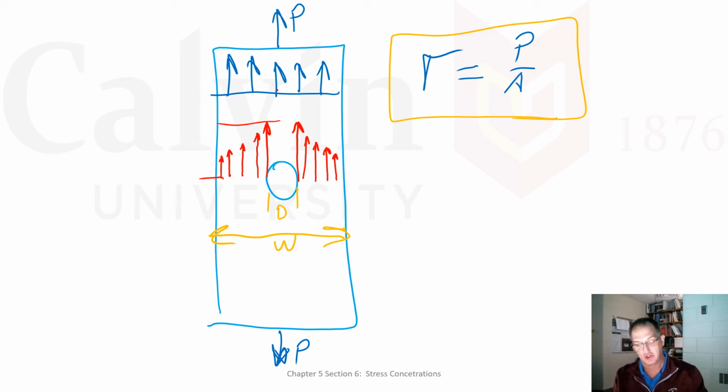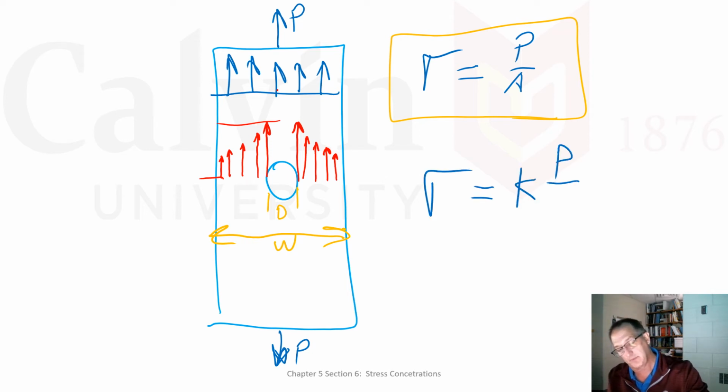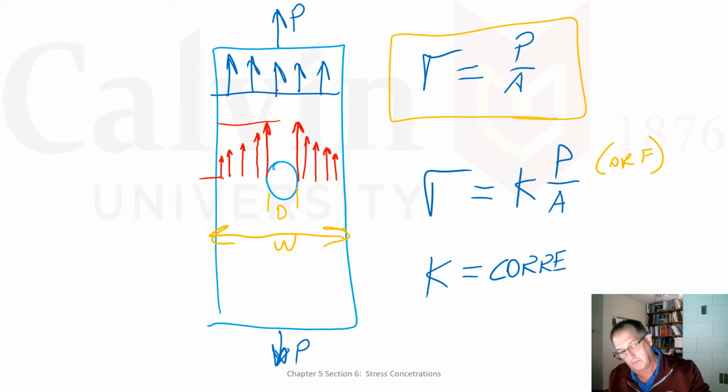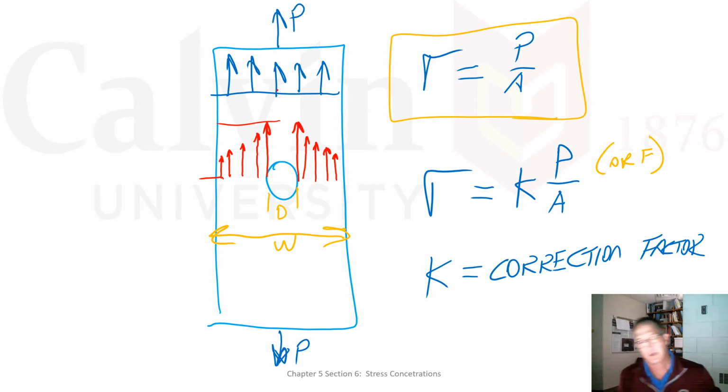And so we have generated, and historically been using, stress is equal to K times P over A, or F over A, because we've been using F over A. That K is now just a correction factor. And that works pretty well.